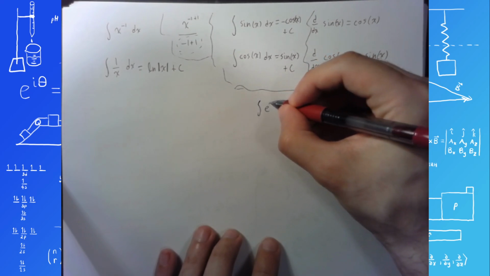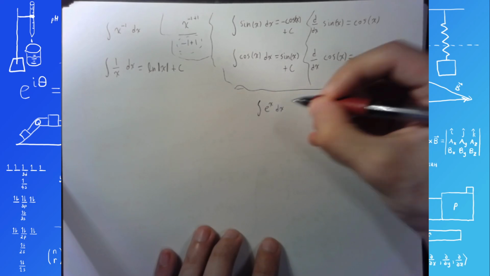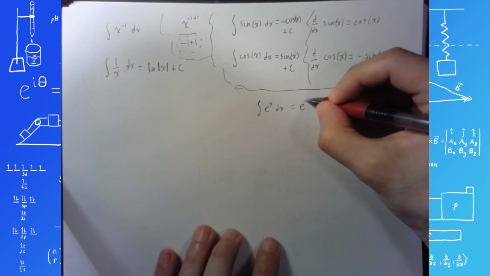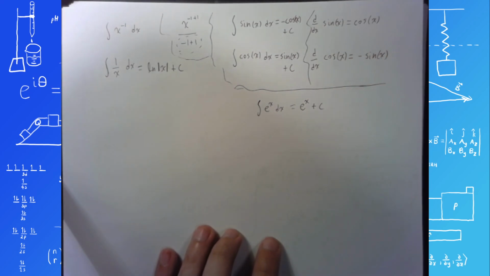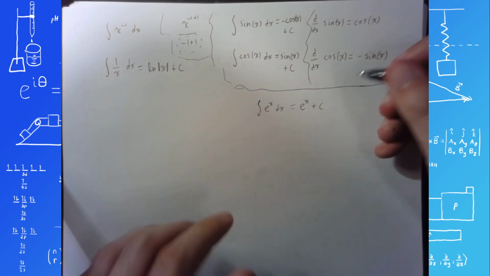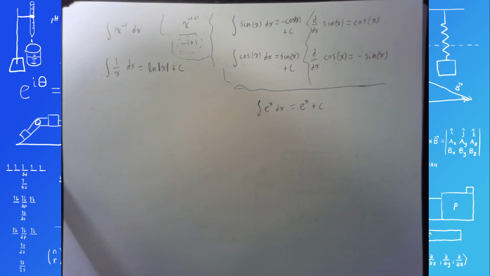The integral of e to the x is e to the x plus a constant, because the derivative of e to the x is e to the x, which is something I would assume you already learned well before watching this video. At least I would hope. But if you're just coming from AP Physics and you haven't learned any calculus yet, then you'll just have to take my word for it that this is the case.